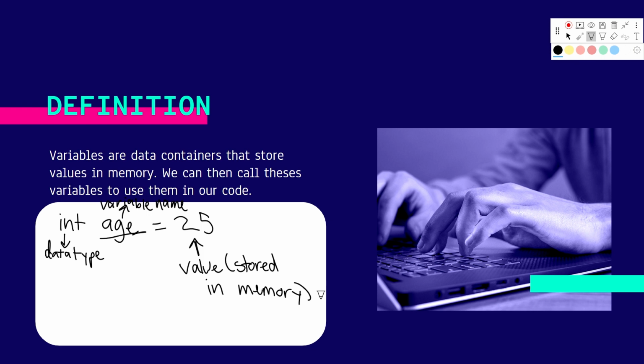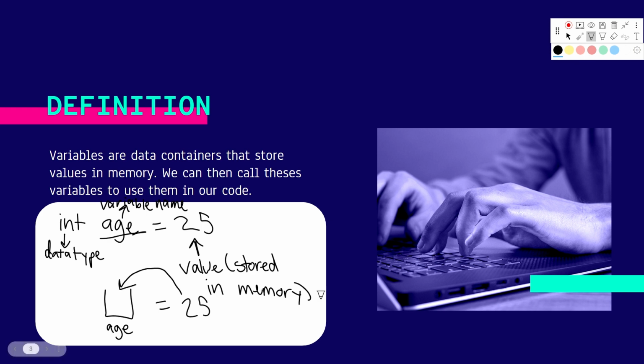And then we need the equal sign to assign this variable to a specific value. So variables really work just like data containers, because age here is just like a data container that is called age. And then the value 25 will just enter that box, enter that container.